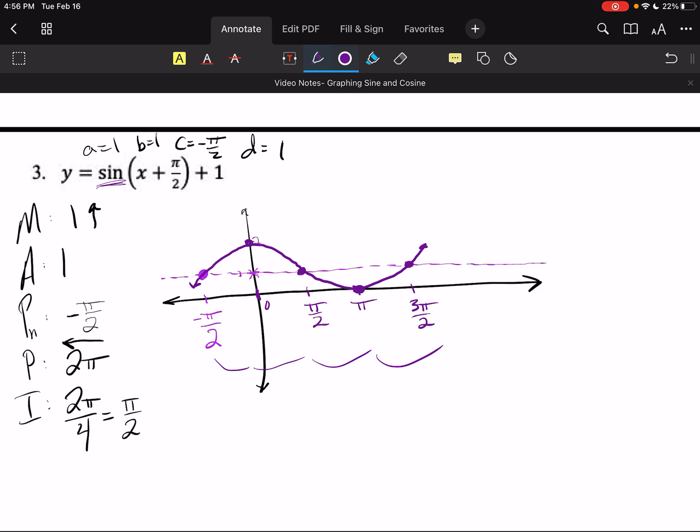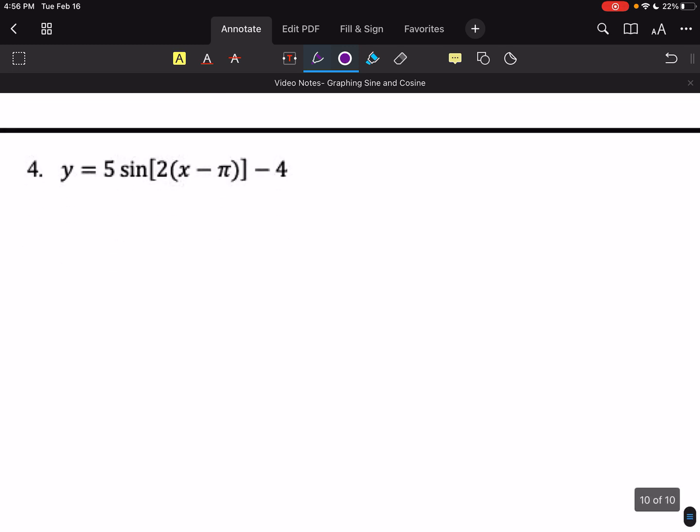All right, last one. And this kind of incorporates a little bit of everything. So A is 5, B is 2, C is negative pi, and D is negative 4. So start with the midline, my vertical shift. We're going down 4.